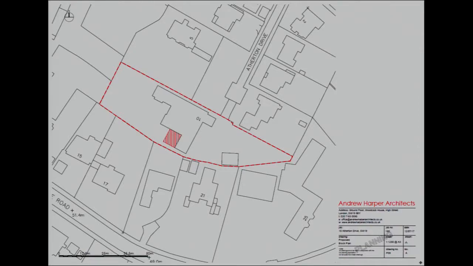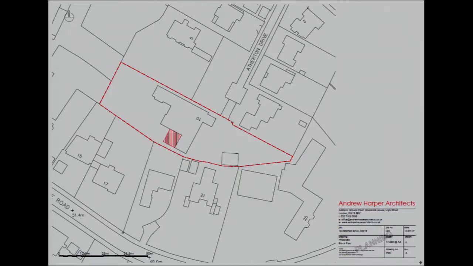Surely we should receive that before the application is actually accepted as an application. I don't understand why it's not compulsorily submitted, especially since this is a conservation area. Am I talking wrongly?